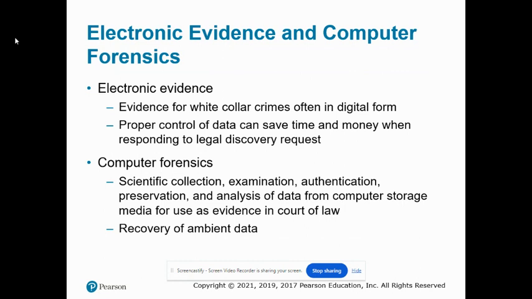The cost of responding to a discovery request can be enormous if the company has trouble assembling the required data or the data have been corrupted or destroyed. Courts impose severe financial and even criminal penalties for improper destruction of electronic documents.